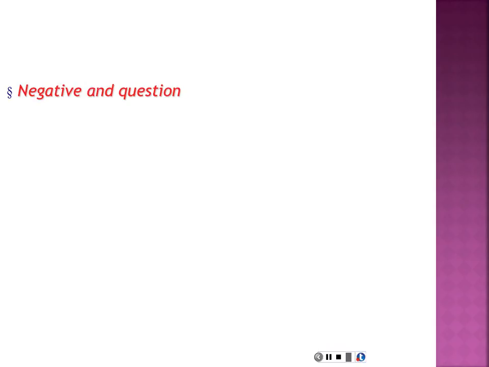While we have other cases. In the cases of do and does, when do we use do and does? We have some rules. We use do and does in present simple. We use do with I, you, we, they.